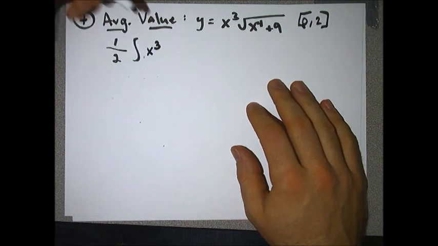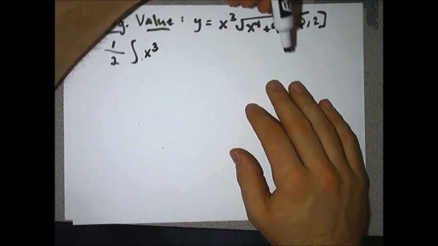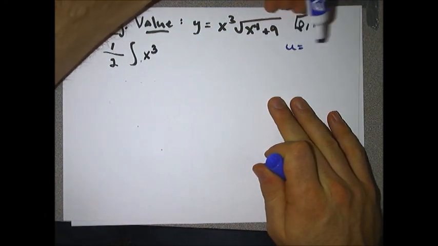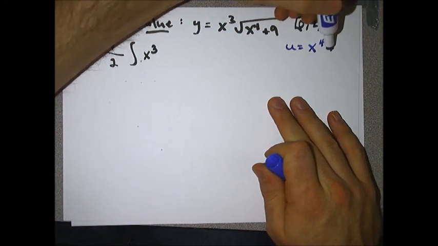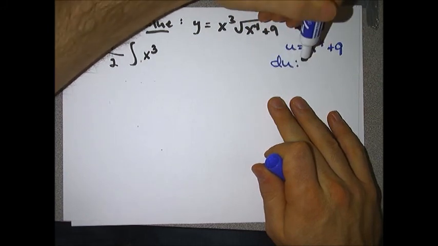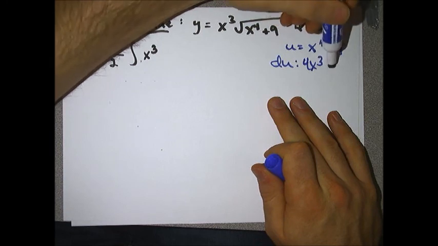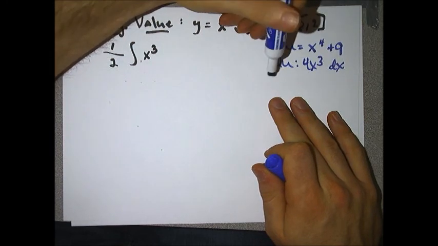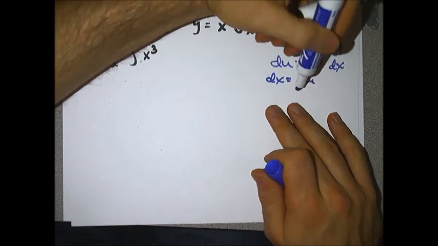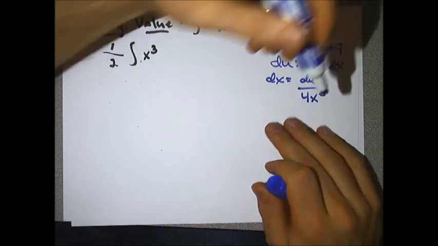So this is the integral of x to the 3rd, and we're going to let u be equal to x to the 4th plus 9, so that du would be 4x to the 3rd dx, which would then make dx equal to du over 4x to the 3rd.